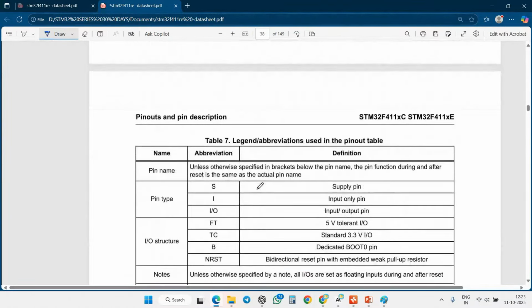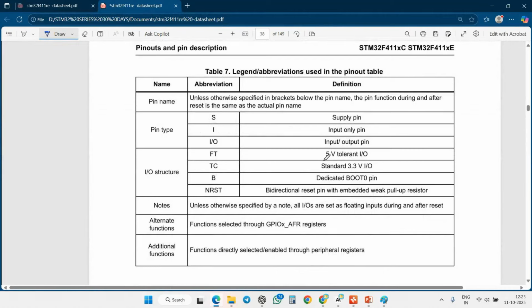Here are just the abbreviations, guys, because sometimes of the pin type. If they mention S, it means a supply pin. I means input only pin. In most cases they might be mentioned like this. If we are beginners, sometimes we don't recognize what is meant by S. It is called a supply pin.